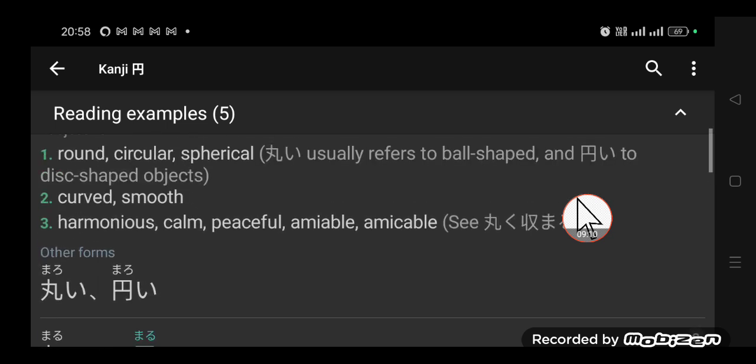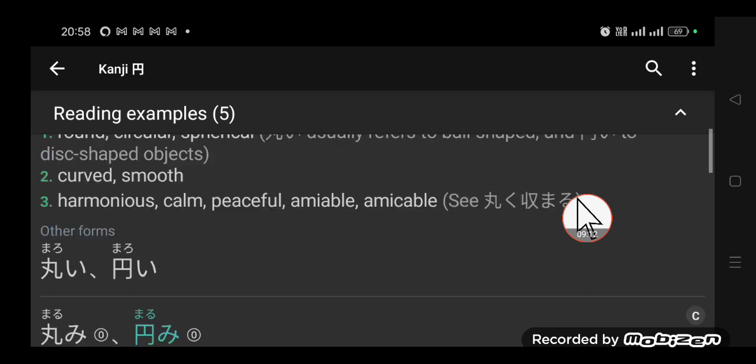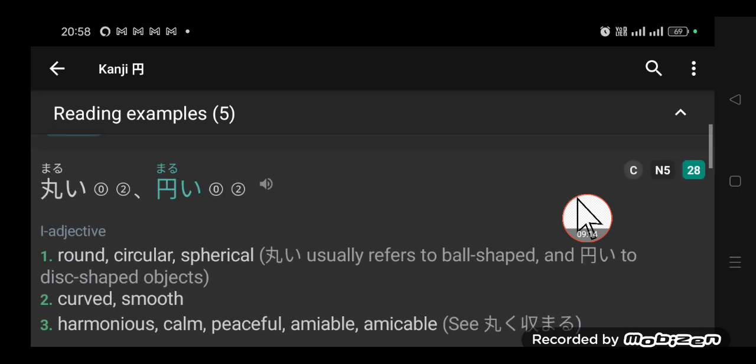Because here, minasan, for disc shape like a coin, you use the kanji here, but for spherical things it's marui. So you can see the distinction here. You use this marui with this kanji for spherical things, but for disc shapes like coins, you use this. So take note of that difference, minasan.